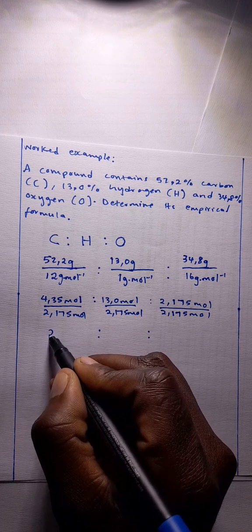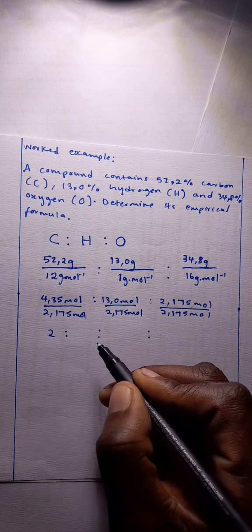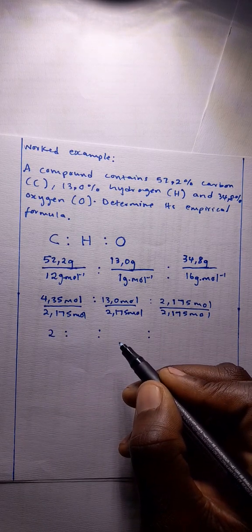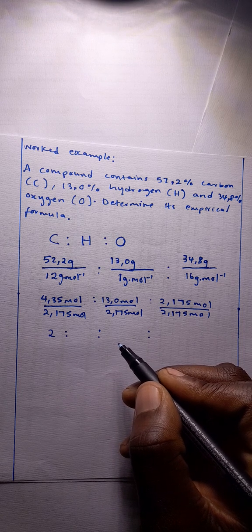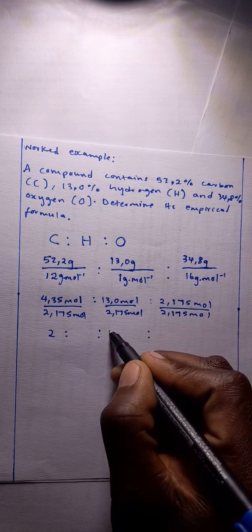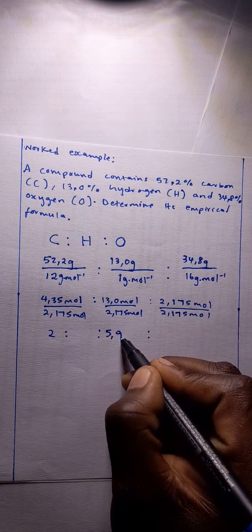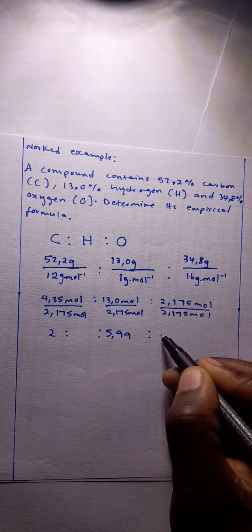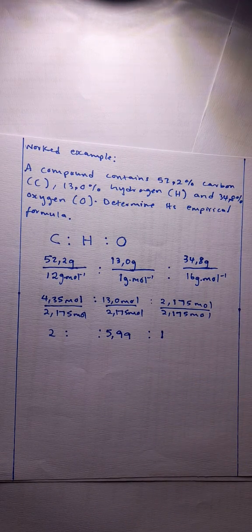You are going to get 2. You are going to get 5.99. Let me write it for now. I want to show you something. And then what are you going to get here? 1.